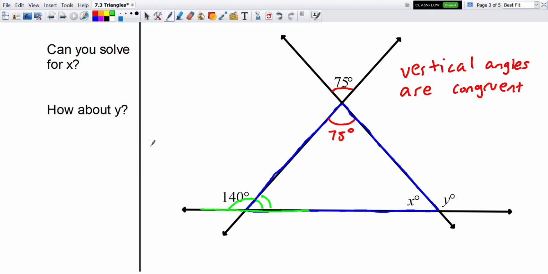So if I know that this 140-degree angle plus my unknown angle must equal 180 degrees, right, because of this straight line, this straight angle here, I know this missing angle must be a 40-degree angle. Because 40 plus this 140 is 180 degrees on this straight angle, because they are supplementary.